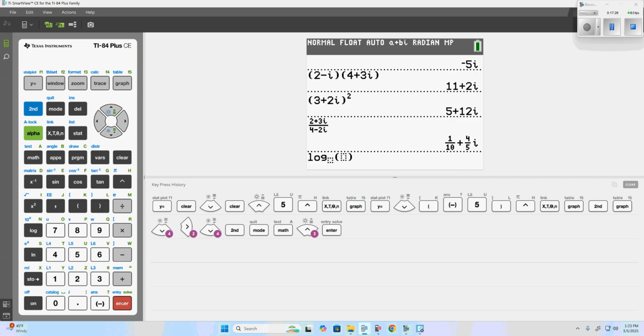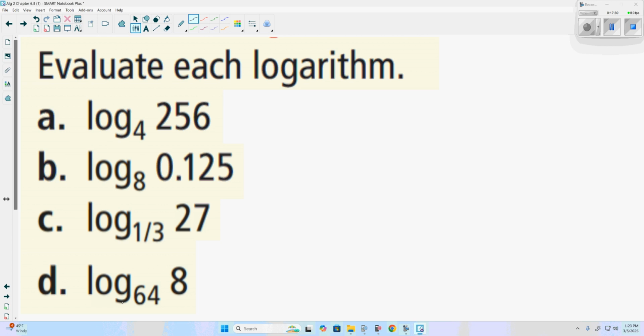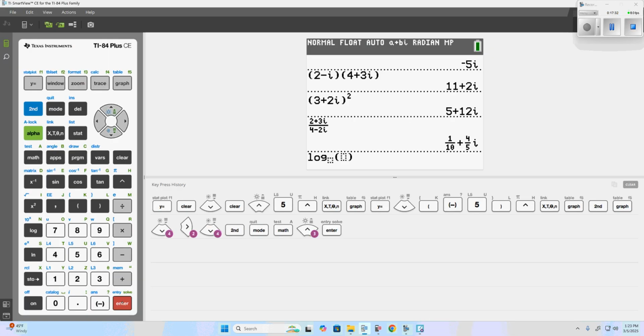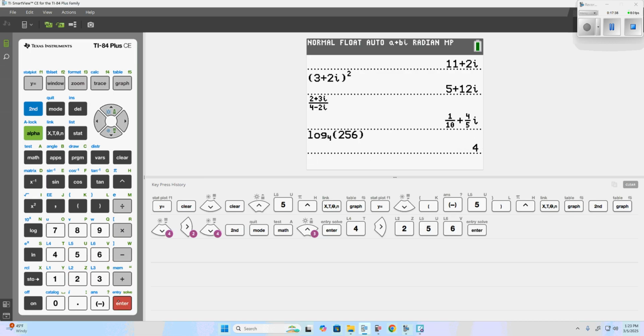So we have this here. Now the one we're looking at, log base 4 of 256. So we can put 4, we can put the 256, and it tells us that it is 4.